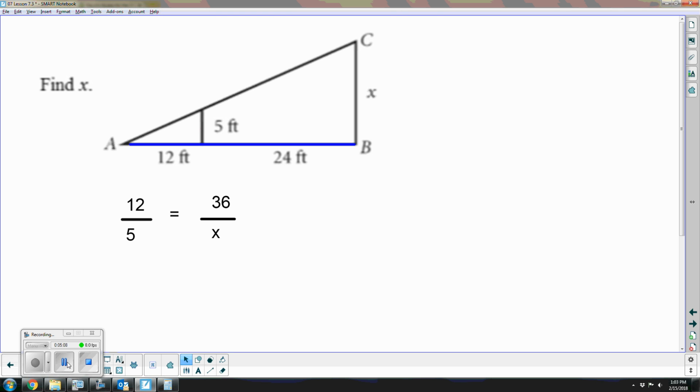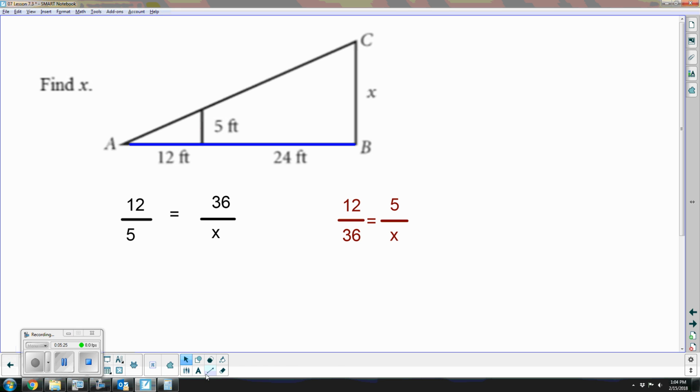Now the second set of proportions you could have would be comparing corresponding parts of the two triangles. So you could have 12 to its corresponding side, 36, is equal to 5 to its corresponding side, x.